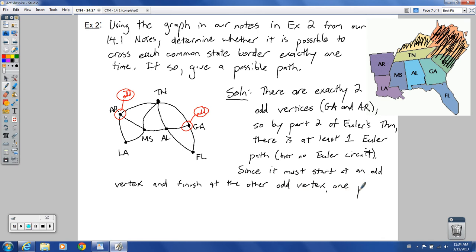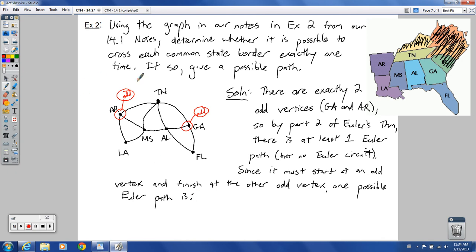One possible path, or one possible Euler path, I should say, be a little more specific there. One possible Euler path is, well, let's see, why don't we start at Georgia?